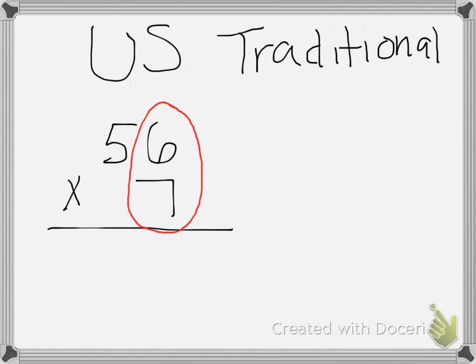Circle them in red. 6 times 7 is 42. That means 4 tens and 2 ones. I can write my 2 below for my ones, and then my 4 tens have to go above the 5. Now I multiply my tens.